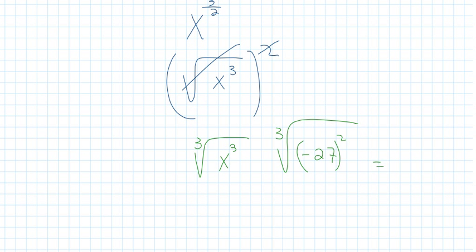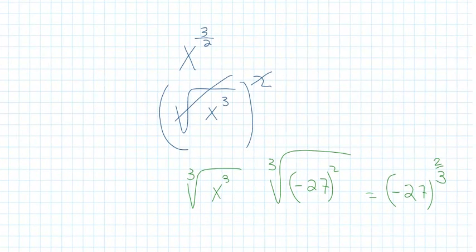How would I write this as a rational form? 2 divided by 3. So I started with 3 divided by 2 to isolate, and I raised it to the power of 2 over 3. So flip is an easier method.